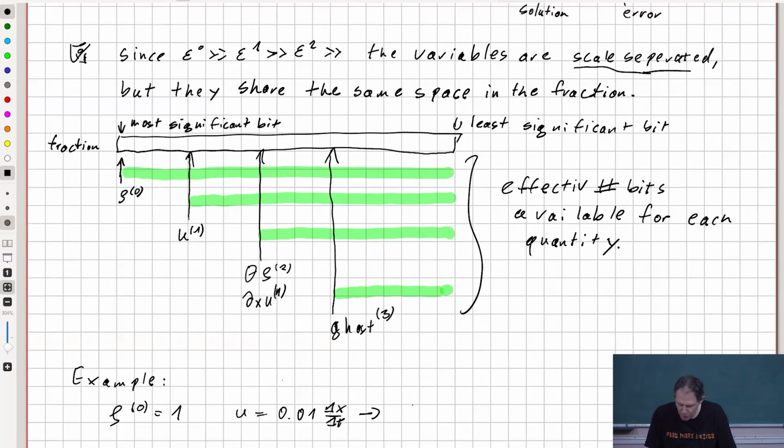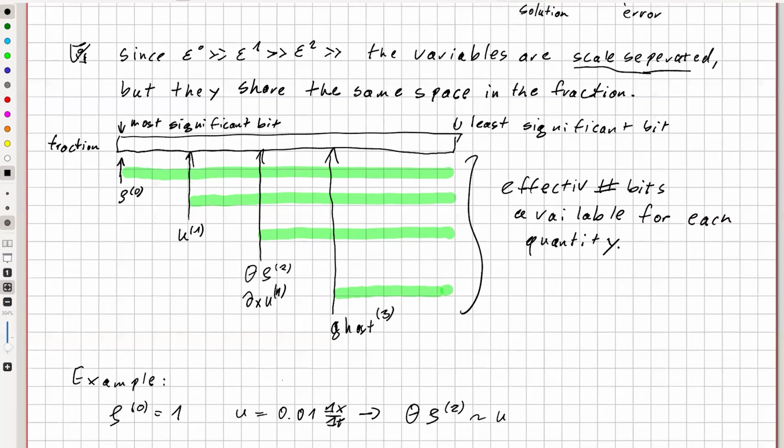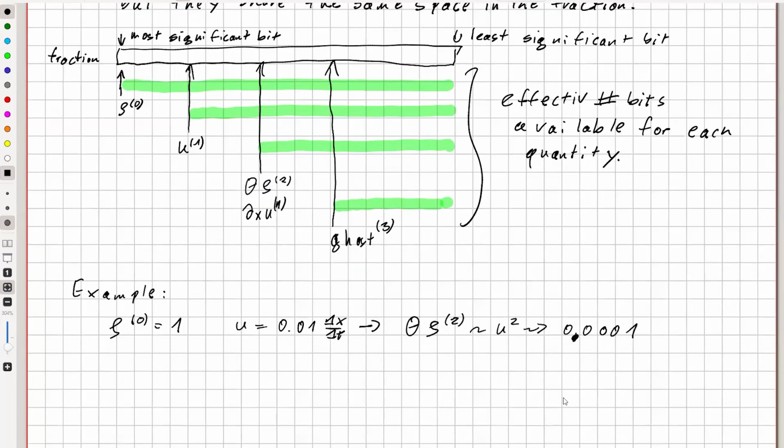Then this would mean that theta rho 0 is of the order of u square, which means that this will be something like 0.001. And if this here is smaller, say 0.001, this would become 0.00001. Okay, I did not count correctly, but yeah, it becomes the square of this. So it becomes worse and worse and worse.